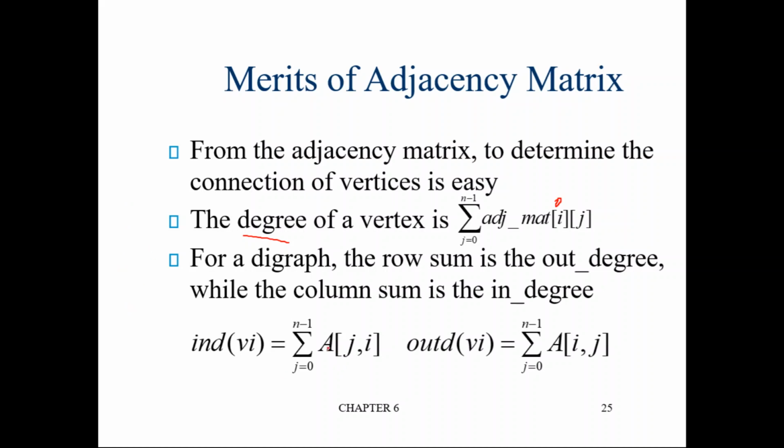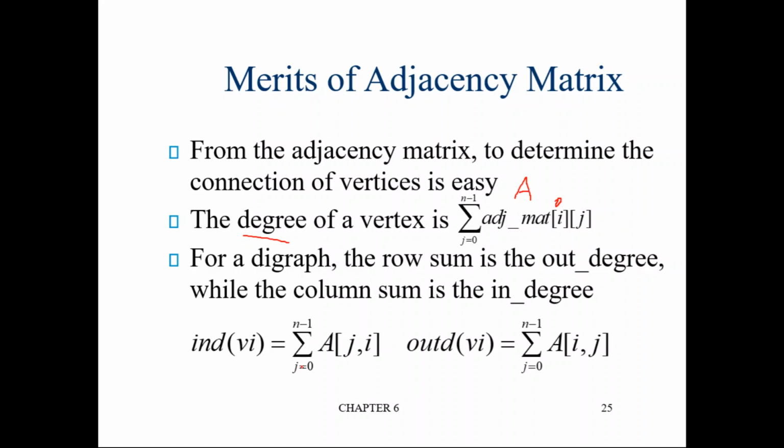Now the column will be constant and the row will change. The only difference is in the notation; here you can also write adjacency matrix in a different form. That is just a notation, nothing else.